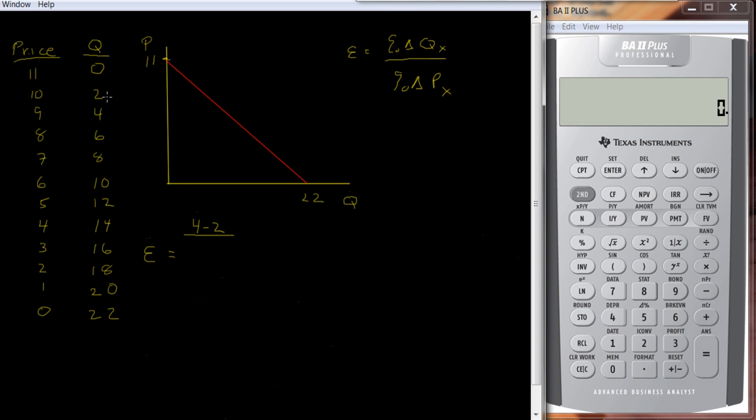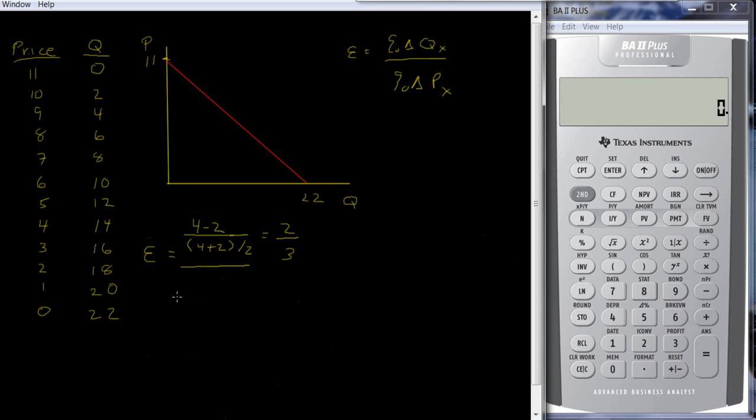Now you could divide by the original number 2, or in this case we're going to use the midpoint between the 2 points. So here we're going to take 4 plus 2 and divide it by 2, so the halfway point. So this is going to be equal to 2 over 3.